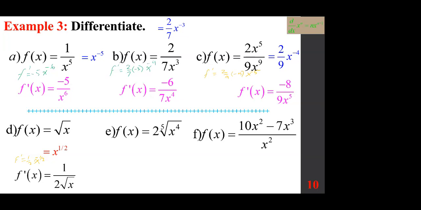All right. Let's write part E first. And then we want to find f prime, so we are going to go with f prime is 2 times 4/5 x to the power of now 4/5 minus 1, okay, becomes minus 1/5.